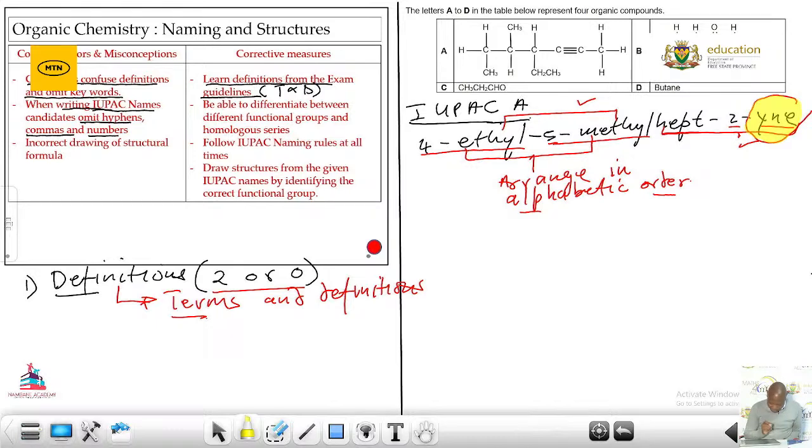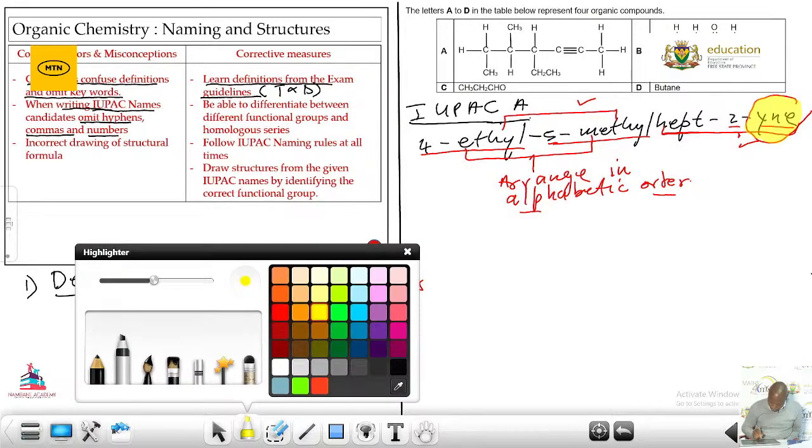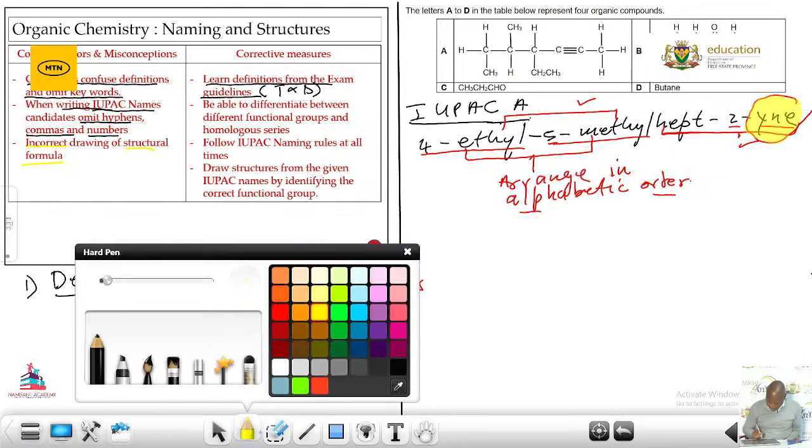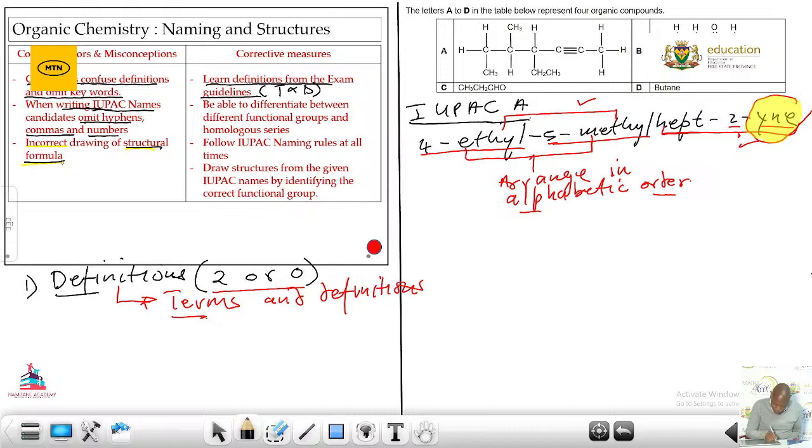One critical thing is we usually draw an incorrect structural formula. The reason for the incorrect structural formula is us not knowing exactly which homologous series, which functional group I should be drawing for. What does this say to me? It says I will always be given an organic molecule.